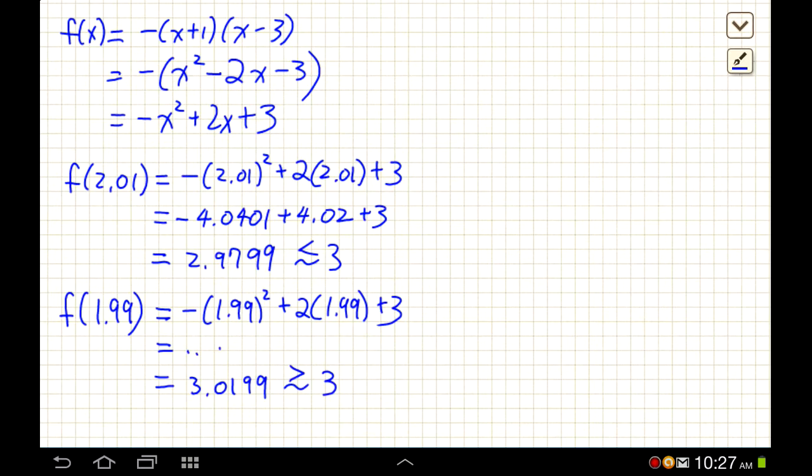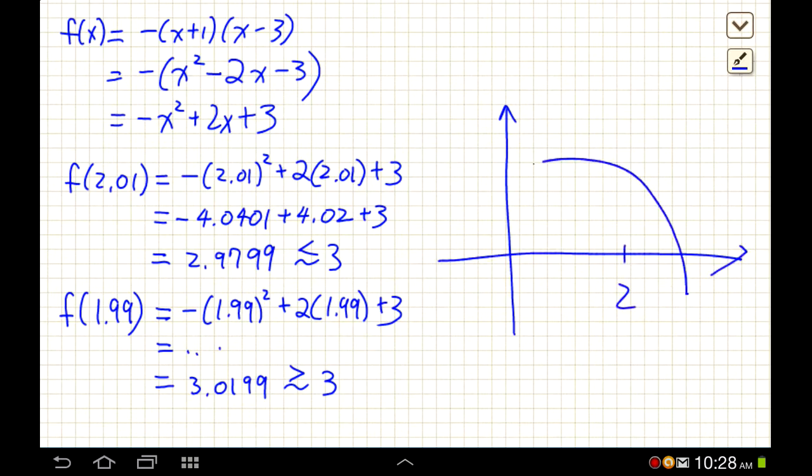So what's going on here on the graph? If we zoom in at 2, remember our parabola looks something like this. Here's 2. At 2.01, let's just say this part is 2.01, and let's just say the upper part there is 1.99.